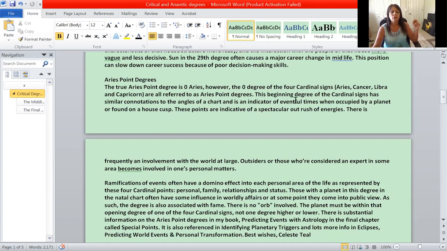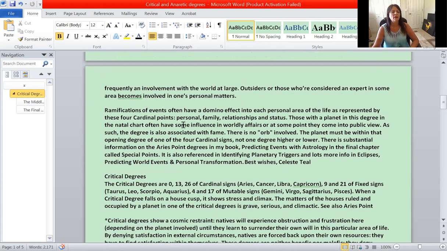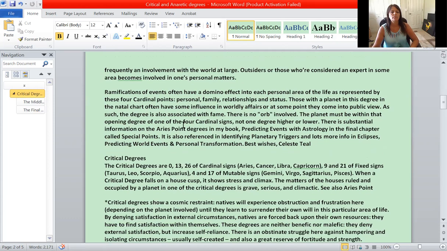This beginning degree of the cardinal signs has a similar connotation to the angles of a chart and is an indicator of eventful times when occupied by a planet or found on the house cusp. These points are indicative of a spectacular outrush of energies. There is frequently an involvement with the world at large.